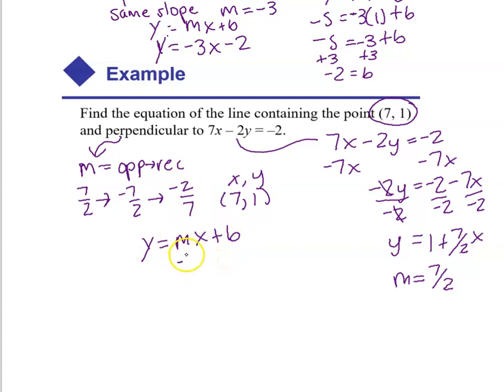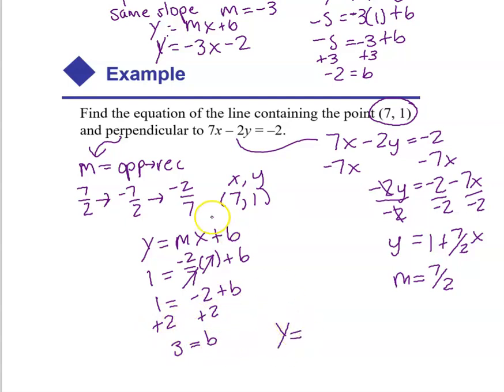So negative 2/7 would be my new slope. 7 would get plugged in for x. I don't know what b is, but y is 1, so we would have 1 over here. So 1 equals negative 2 plus b, add 2, so b is 3.